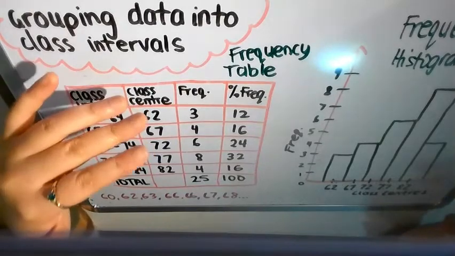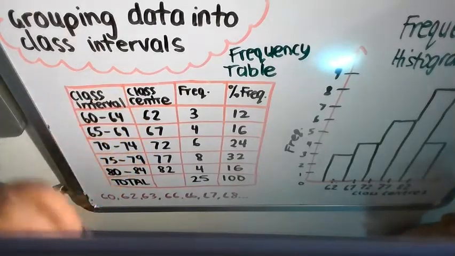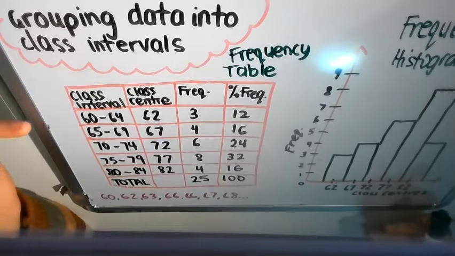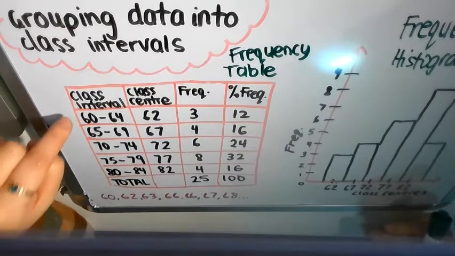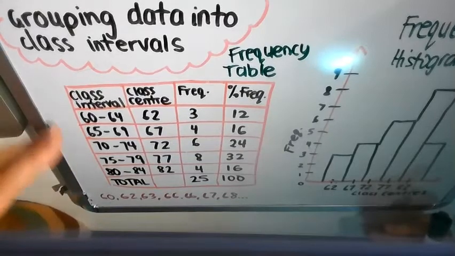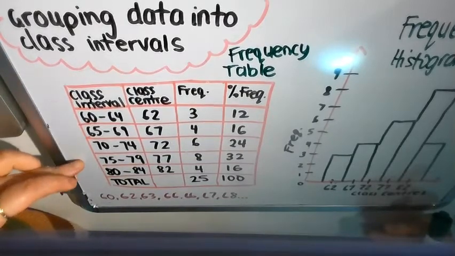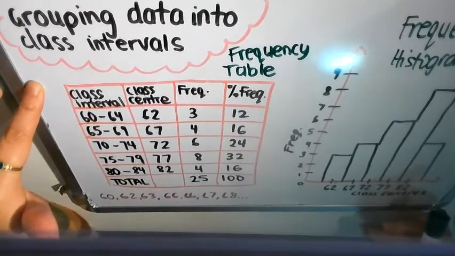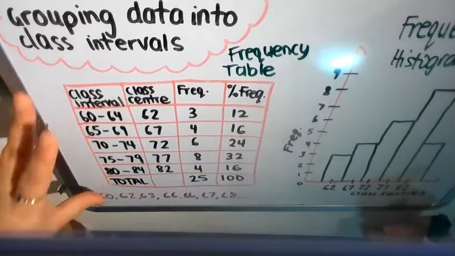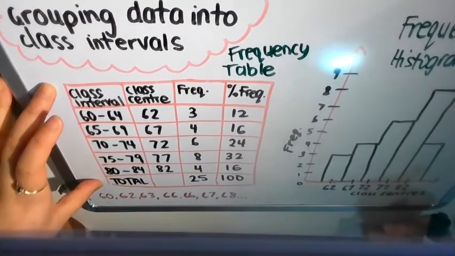See it as like there are so many students in a grade and you want to group them into classes, like A, B, C, D, whatever. Now in this example here, we have a frequency table.